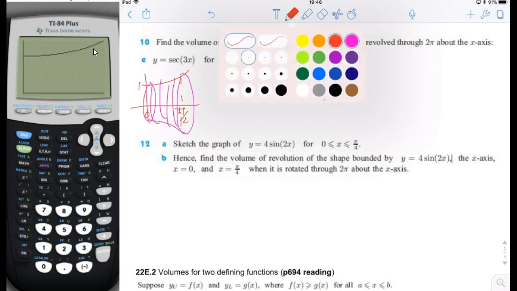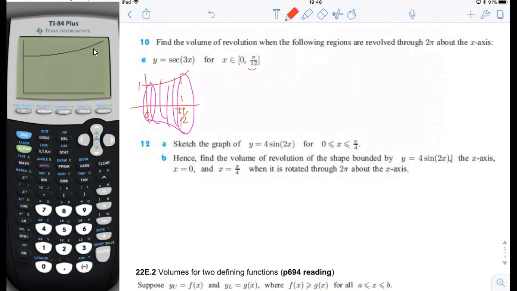So it's going to be an integral from 0 to pi over 12 of the function secant 3x, squared, because it's going to be pi r squared, dx. And then the thickness of each disk is dx.